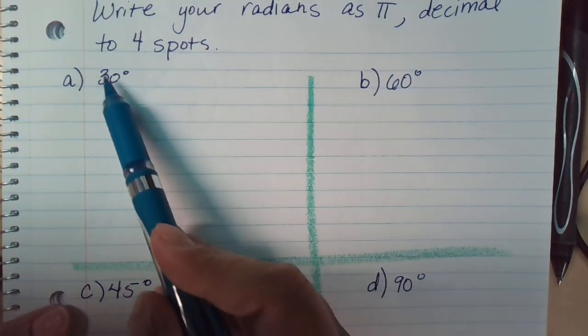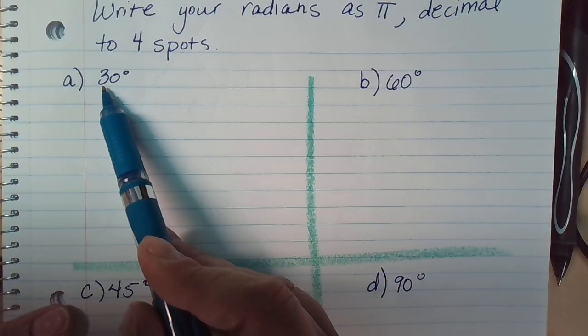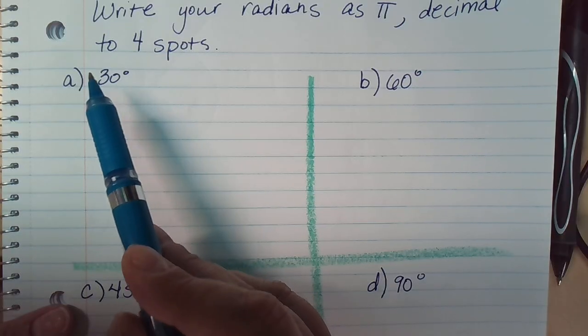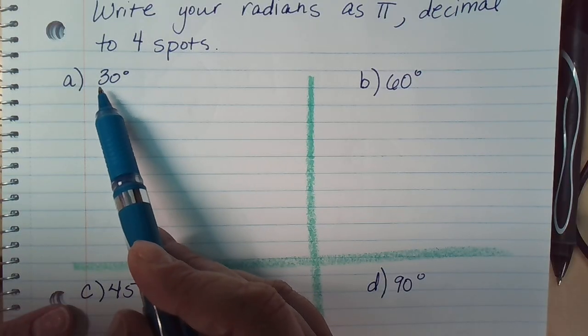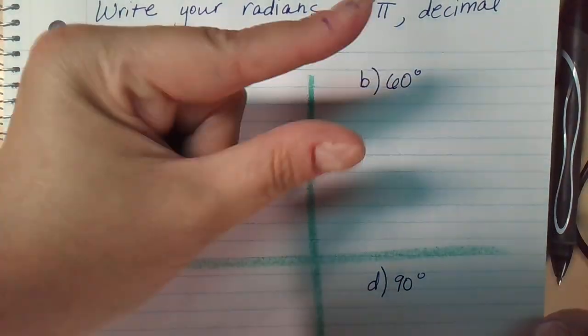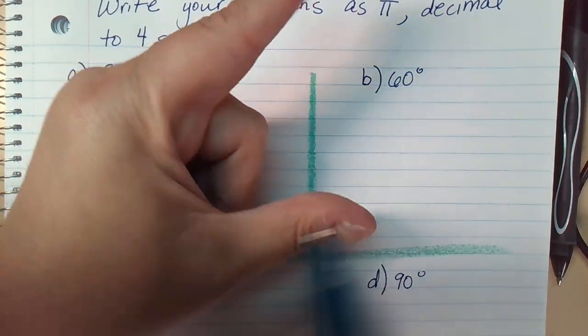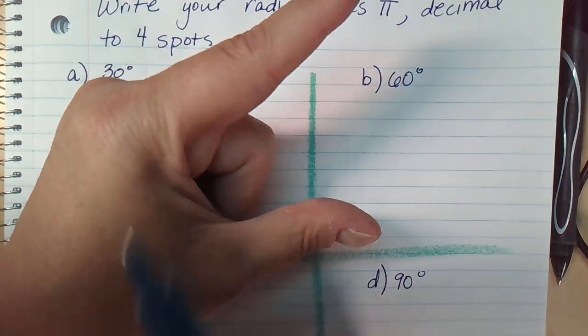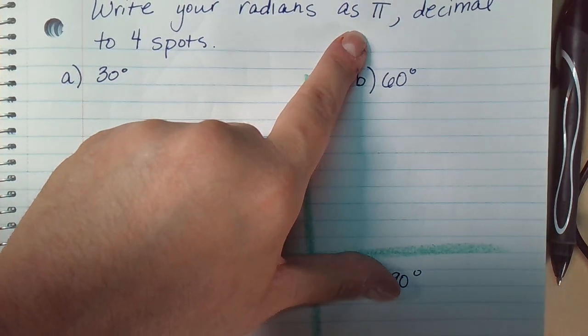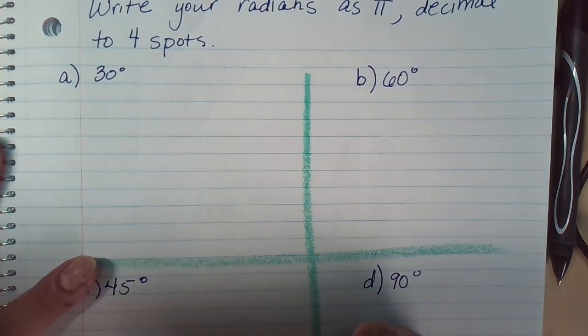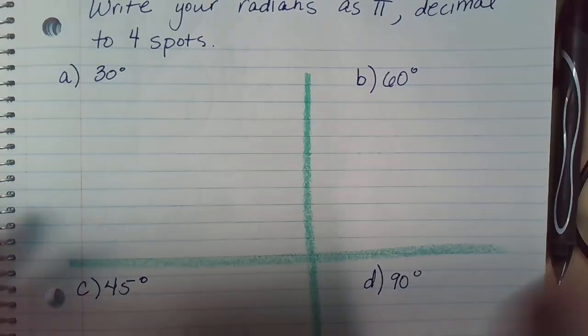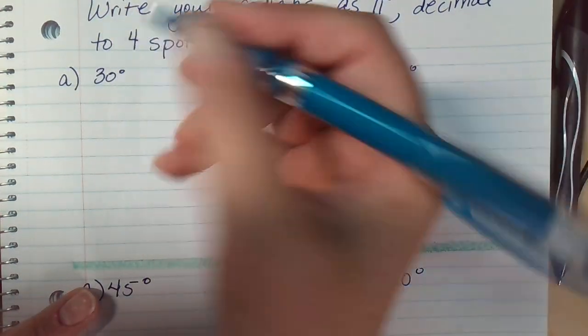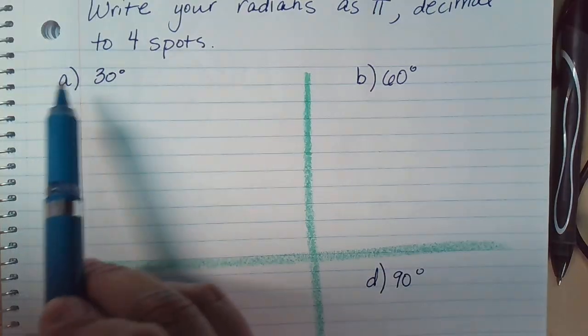We're trying to represent this 30 degrees, which is just a slice of that 360. We're trying to represent that slice in terms of pi. So the whole circle is worth 360 degrees.